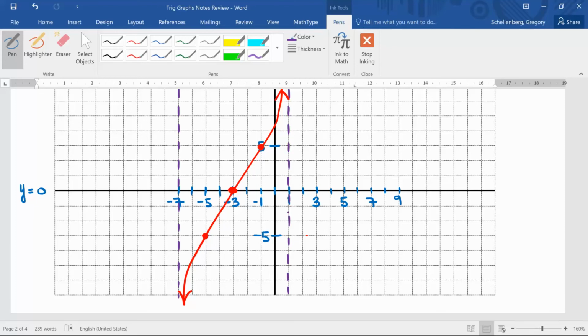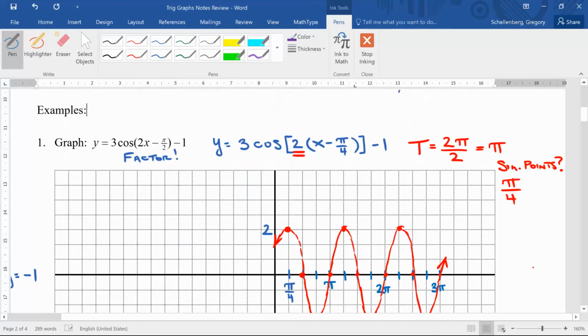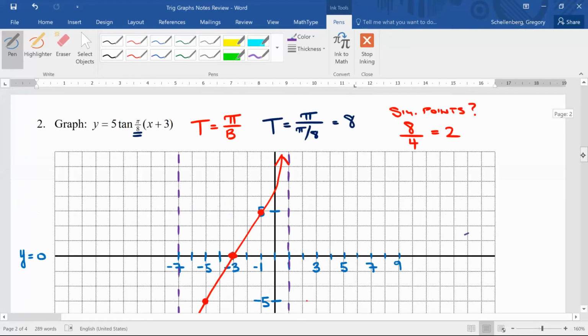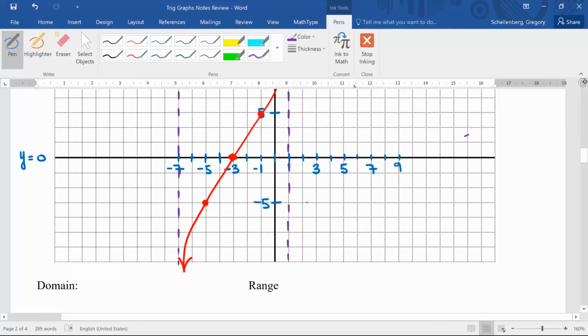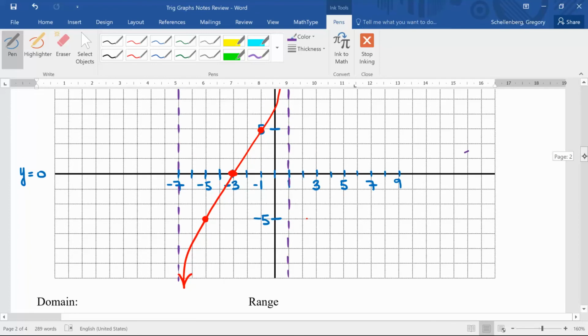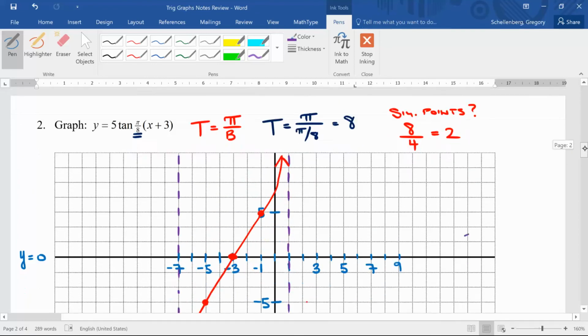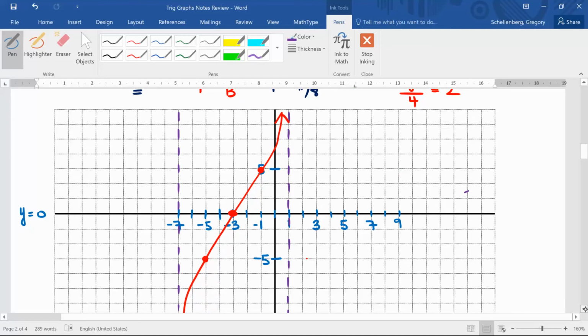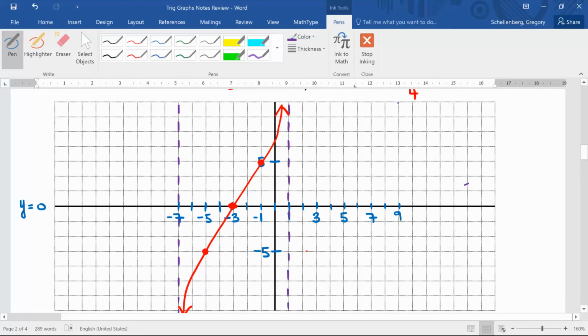The period of this function is 8. So 8 units away from 1 is 9. We're going to have our next vertical asymptote. So at x equals 9, let's draw in our next vertical asymptote.